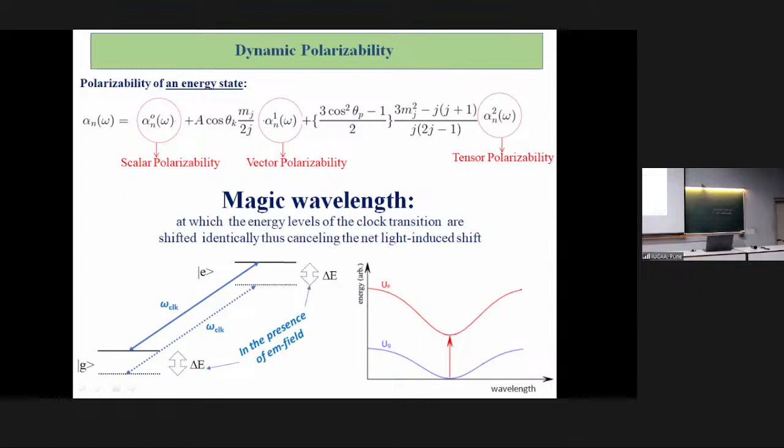This is the polarizability. Forget about the details. Polarizability has different components: scalar component, tensor component, vector component. Let's not worry about that. Let's just consider the scalar component. This polarizability is a frequency dependent factor.